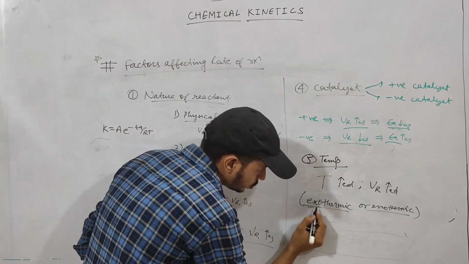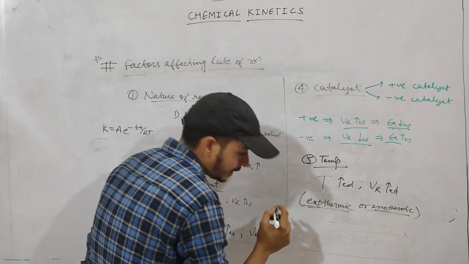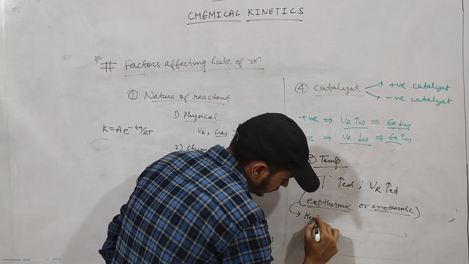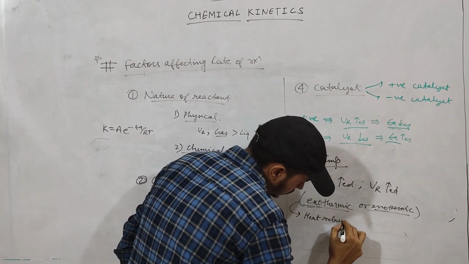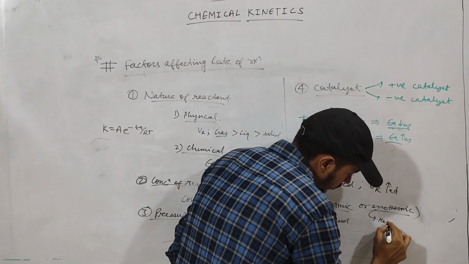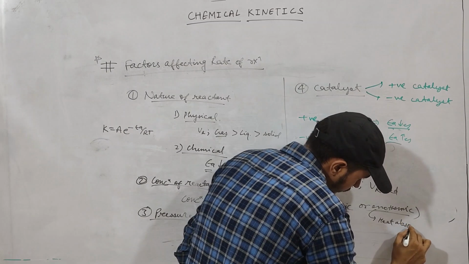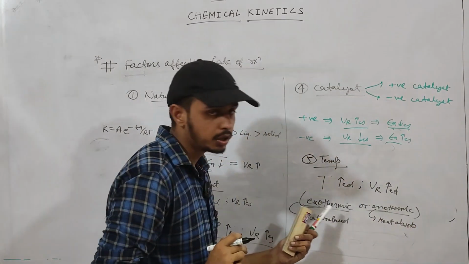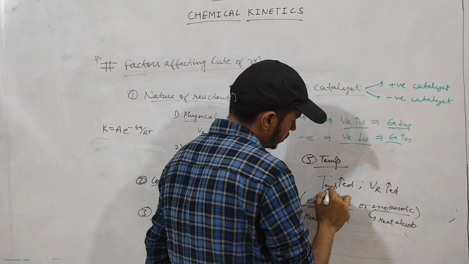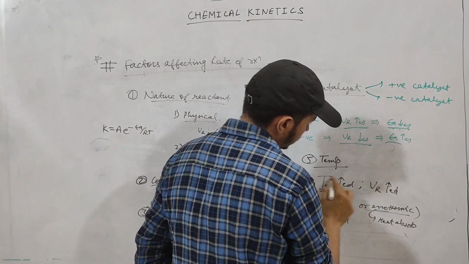If it is exo, heat is released, and when it is endothermic, heat is absorbed. For both exothermic and endothermic reactions, when temperature increases, the rate of reaction also increases.